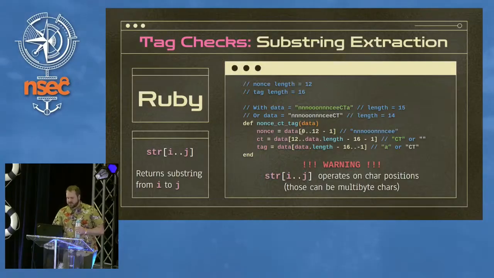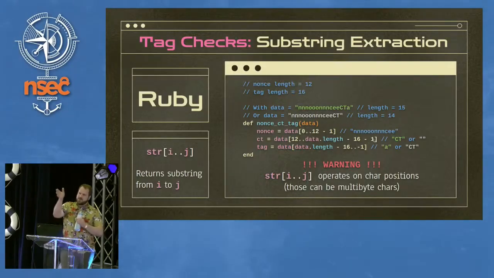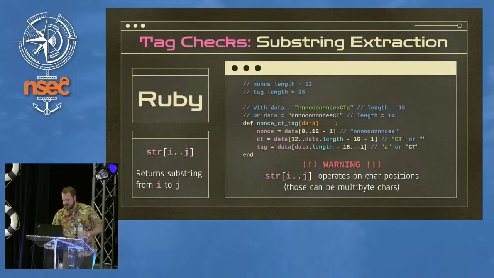And so if we retrieve it, thinking the nonce is at the beginning, doing our substring from i to j, we'll get the nonce, and then we'll get ciphertext. But then this data length minus 16 minus 1, well, if we are 15, this is negative. And so we're starting to shorten what we retrieve. And so our ciphertext is CT, and the tag becomes A.